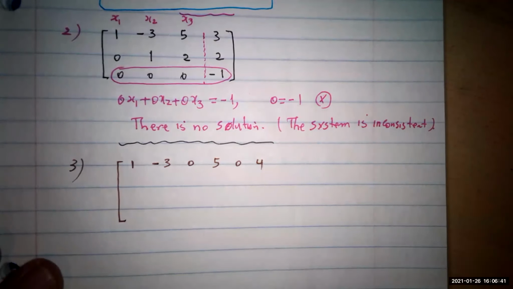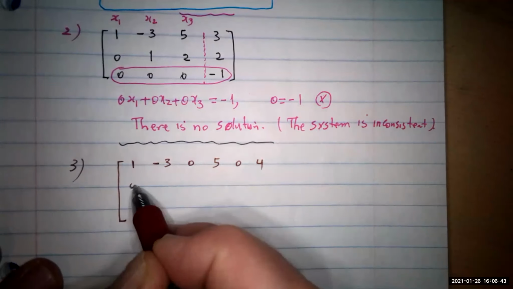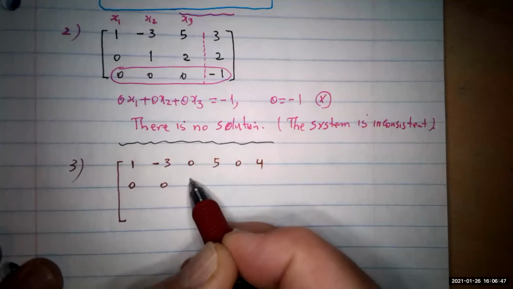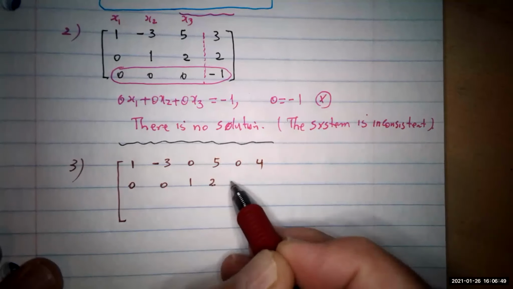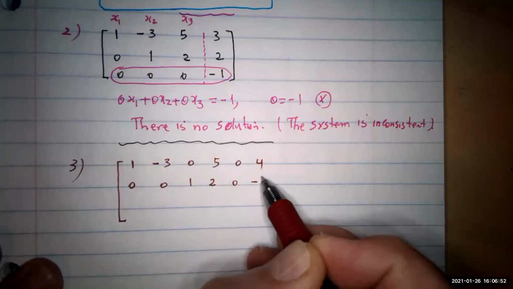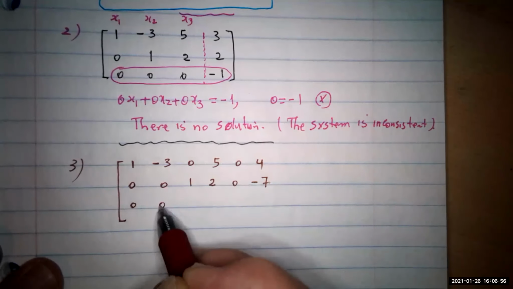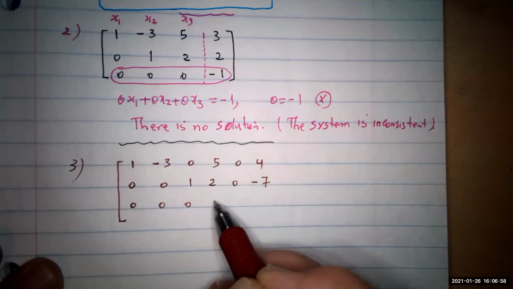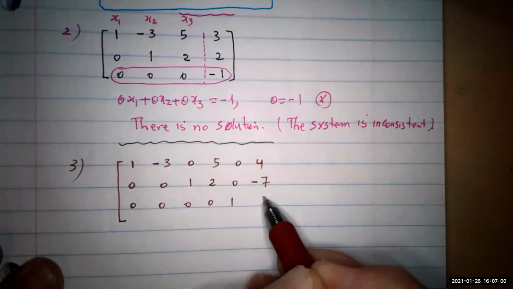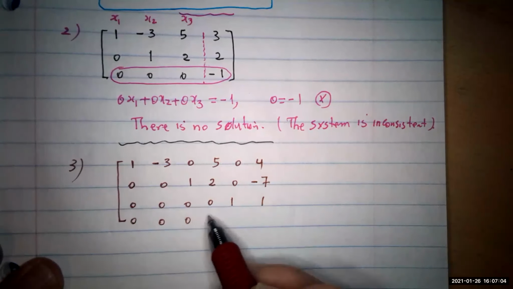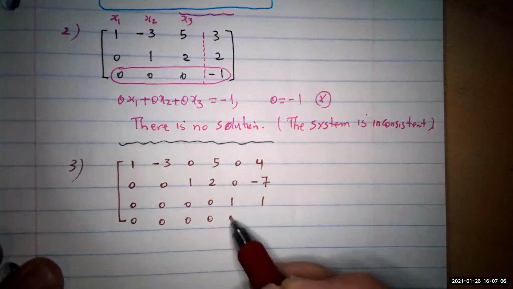The second one is going to be 0, 0, 1, 2, 0, and -7. And the third row is going to be 0, 0, 0, 0, 1, 1. And the last one is going to be 0, 0, 0, 0, 0, 0.